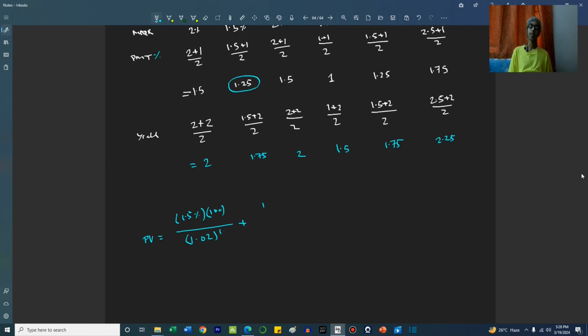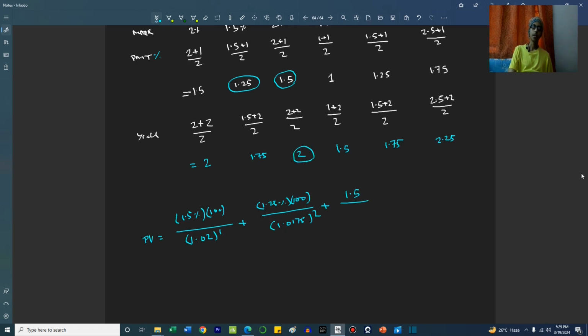So this is 1.25% into 100 by 1.0175 to the power 2 plus, I do not need to write this in percentage terms. I can simply multiply mentally and say this is going to be 1.5, because 1.5% of 100 is 1.5. So this is 1.5 by this one.